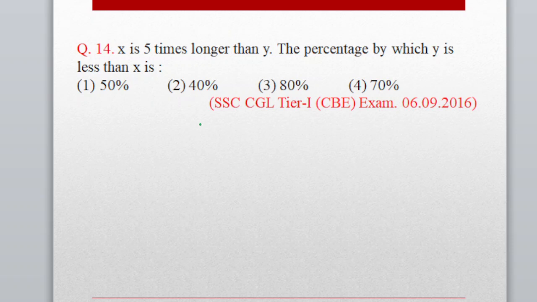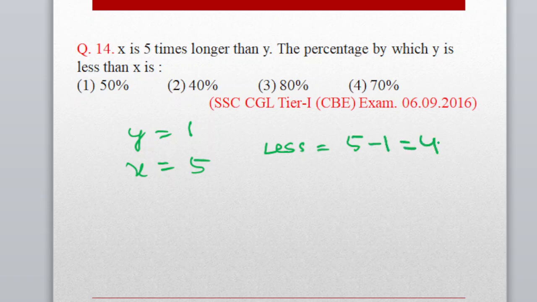Now x is 5 times longer than y. Suppose y is equal to 1, then x is equal to 5, because it is given that x is 5 times y. Now by what percentage is y less than x? Here y is less by 5 minus 1, that is equal to 4.